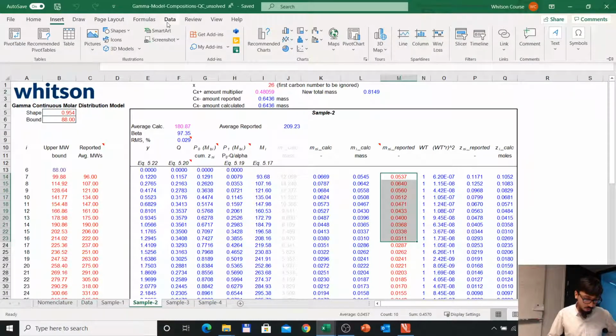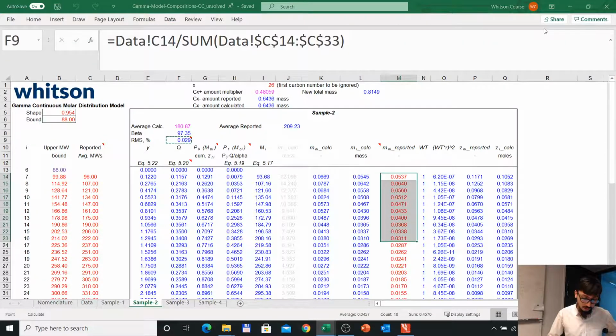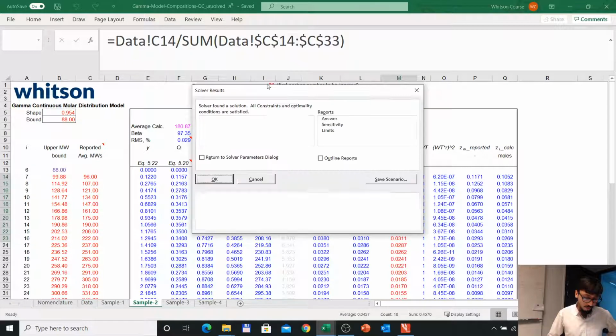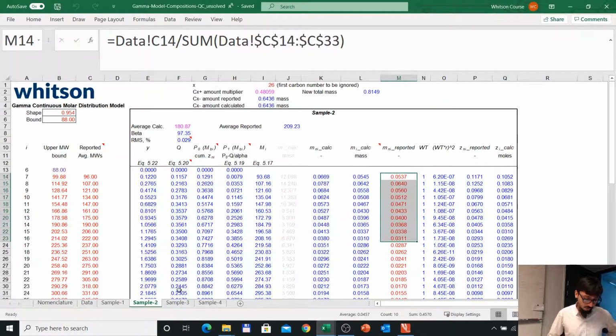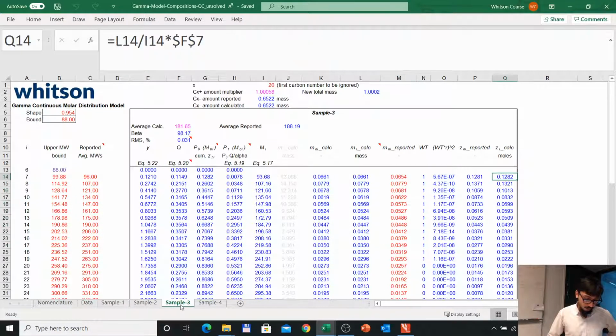So what we are doing first is adding the correct CX value for each sample that we had in this workflow, and then using the solver to find the solution, and then we'll see how we can use the solution to come up with the corrected composition.